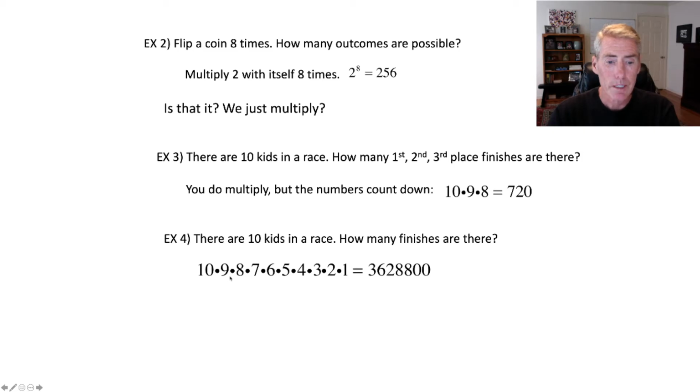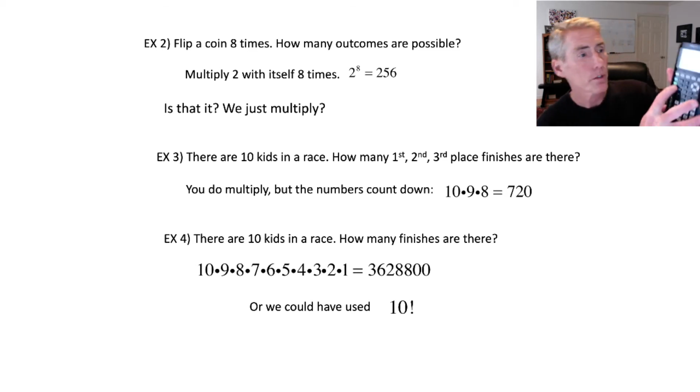So when you multiply 10 times 9 times 8 times 7 times etc., that is 3,628,800. Now, instead of having to go 10 times 9 times 8 times 7 times 6 times 5 times 4 times 3 times 2 times 1, you could also use factorial.